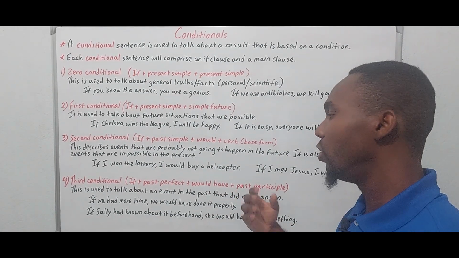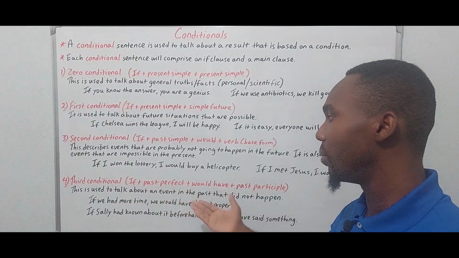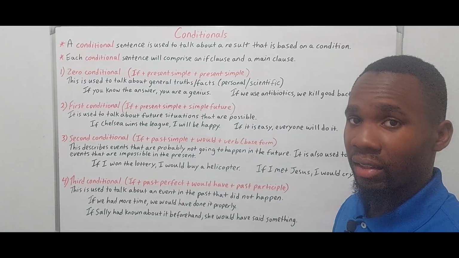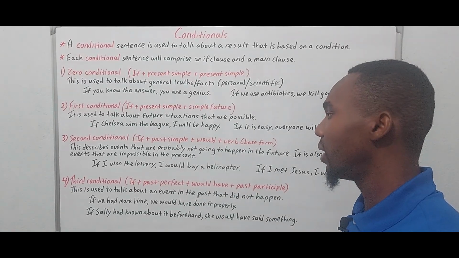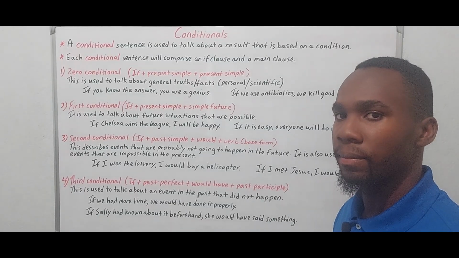So this is often used to talk about complaints. For example, when we said if we had more time, you would hear students say that when they have just finished an exam. If we had more time, we would have done it properly, or we would have finished, right?